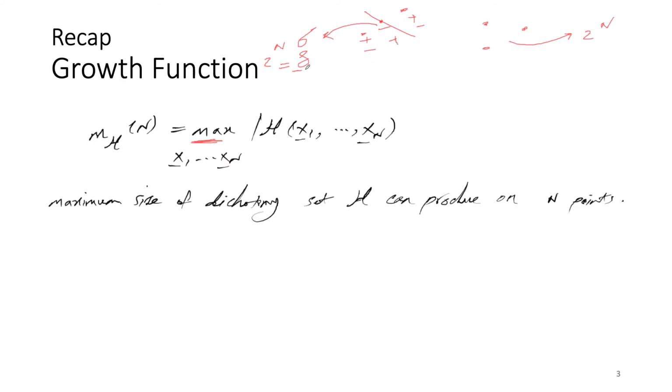So in the upper bound, we thought, okay, m_H(3) could be up to 8, right? And we thought this is the maximum growth function for n equal to 3 data points. For the 4 data points I described in a previous slide, it was 14.